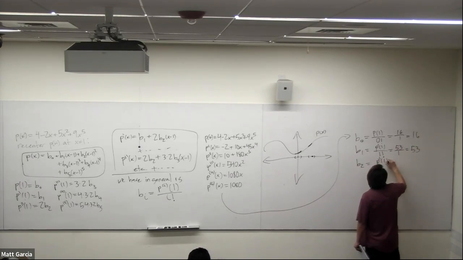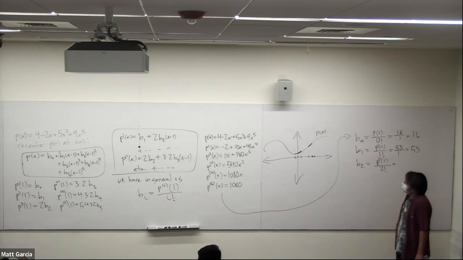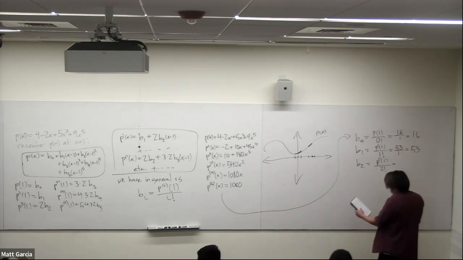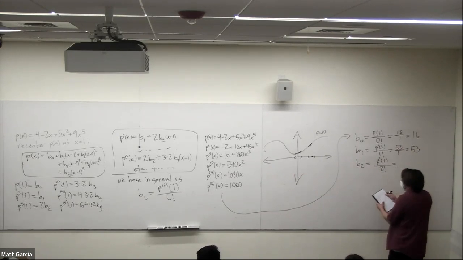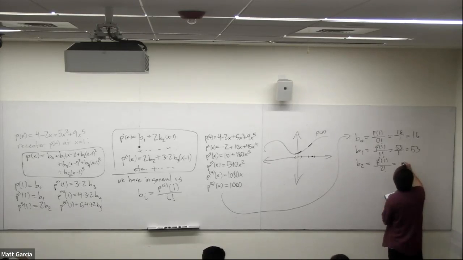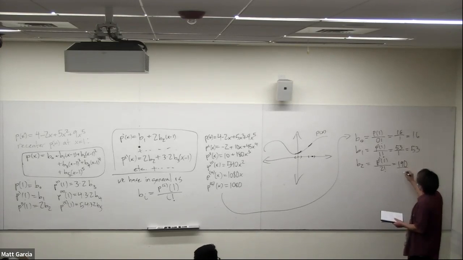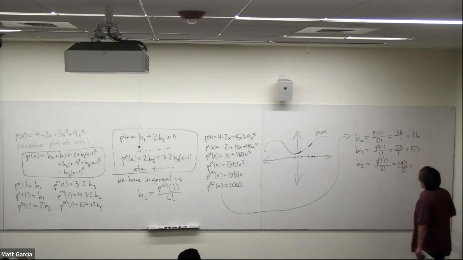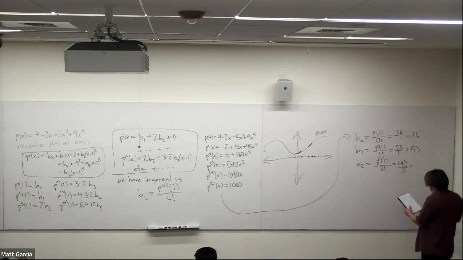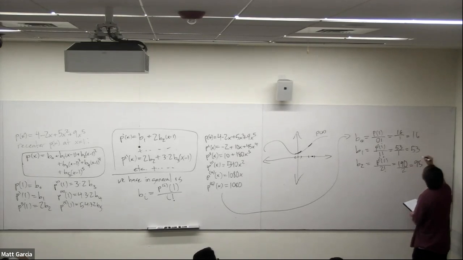Evaluate the second derivative at 1 divided by 2 factorial. What's the second derivative evaluated at 1? 190. We get 190 divided by 2 factorial. So what do we get here? This is 95.